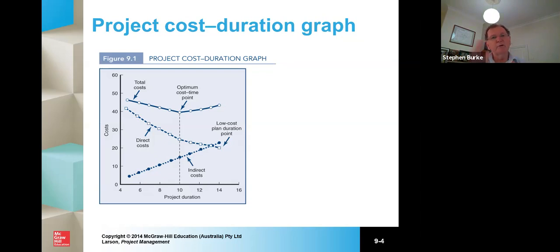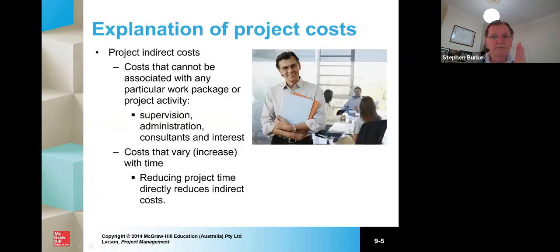When you move to the right of that, as the project gets longer, it starts to cost you more money. So when you look at the top line, which is the total cost, like all of these things, you reach a point where you have an inflexion point where this is the most suitable time to make a change.